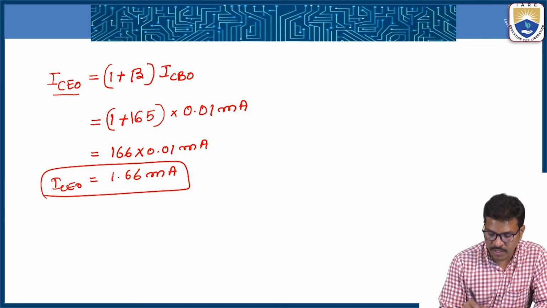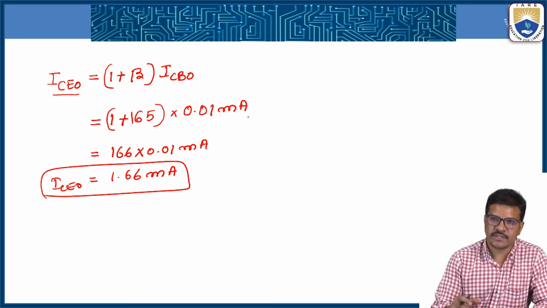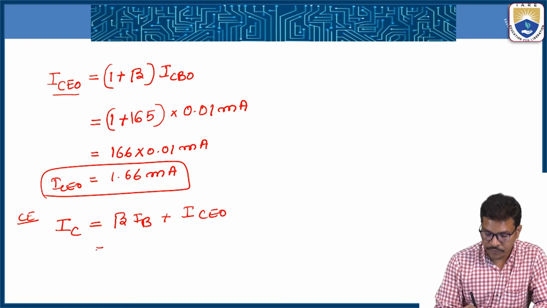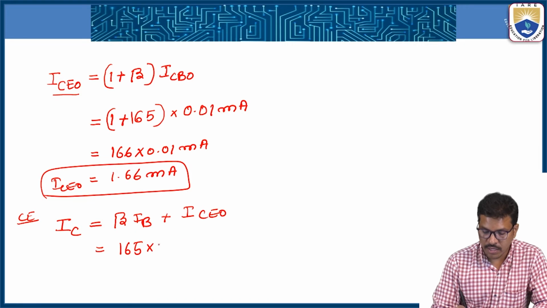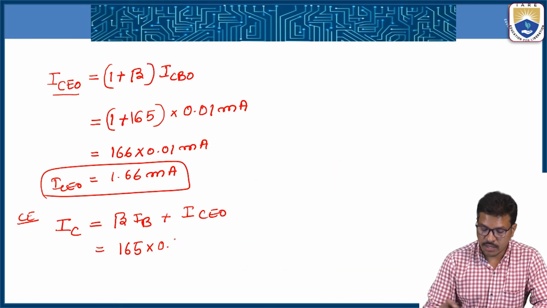If you see these two parameters, 1.66 milliampere and 0.01 milliampere, that is the difference. Now substitute into the common emitter collector current: IC is equal to beta IB plus IC naught. Beta, which we found to be 165, into IB, which is 30 microampere.